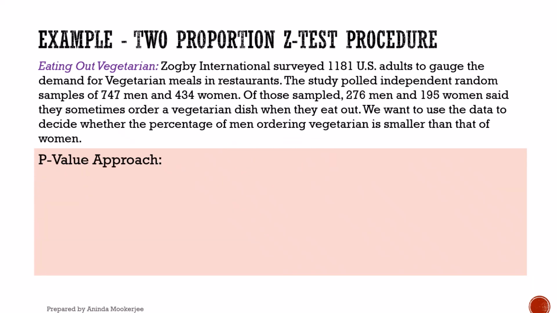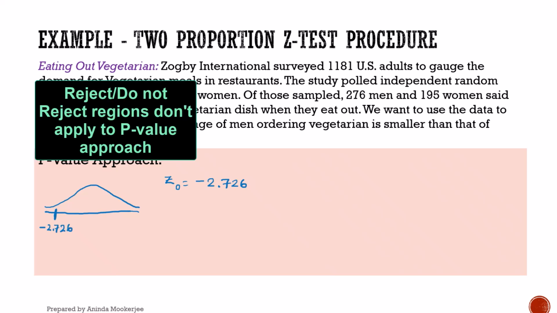Now for the p-value approach, we first start with the test statistic and represent it on the standard normal curve. So here is my standard normal curve, and we have to show where that test statistic value falls on the standard normal curve. So our test statistic value was negative 2.726, correct? It will be somewhere to the extreme left, maybe here, negative 2.726.